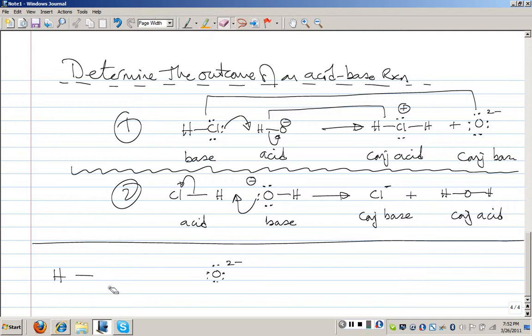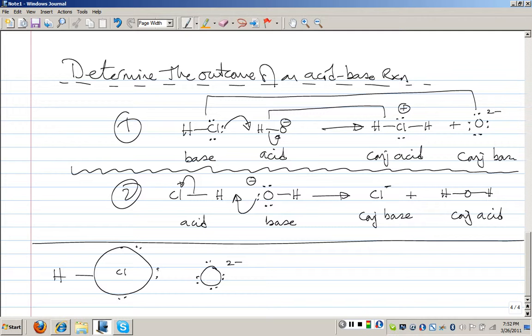So in fact, I'm going to redraw this really kind of badly. This is the chlorine atom, and it's got 3 lone pairs on it. Whereas the oxide, and this is really a bit too extreme, because the oxide is not that much smaller than a chloride. Let's make this the oxide. Oxide has 4 lone pairs and the 2 minus charge.